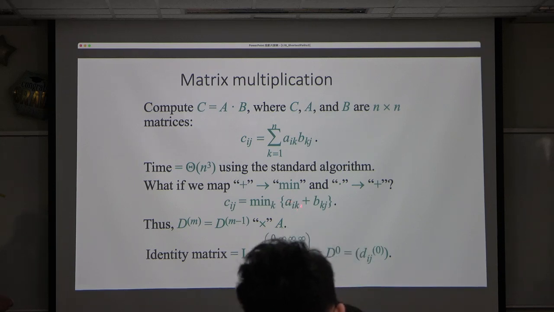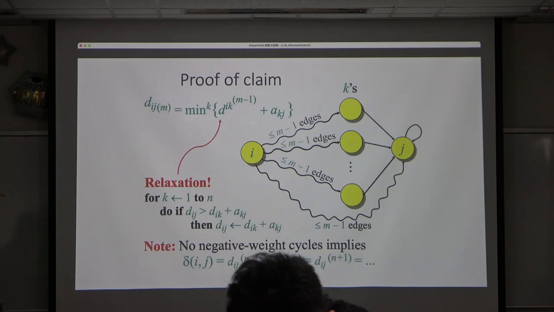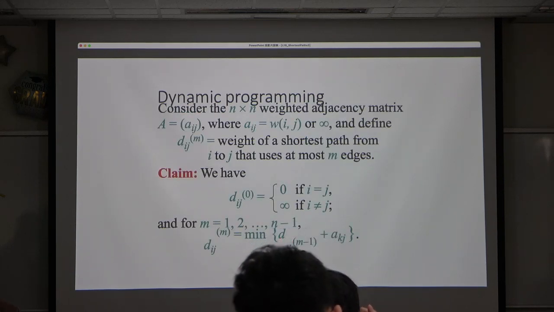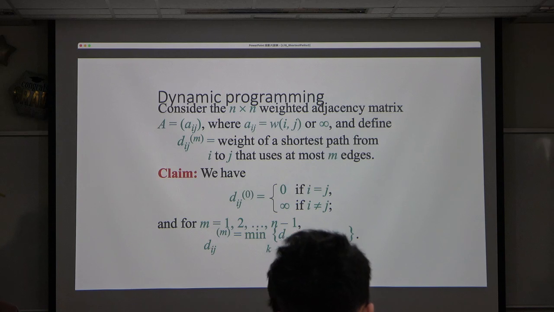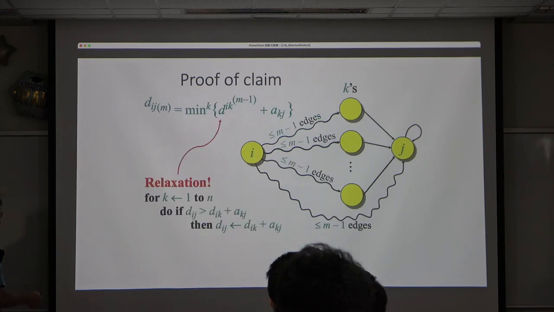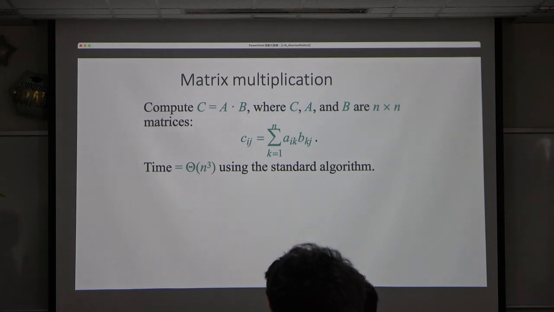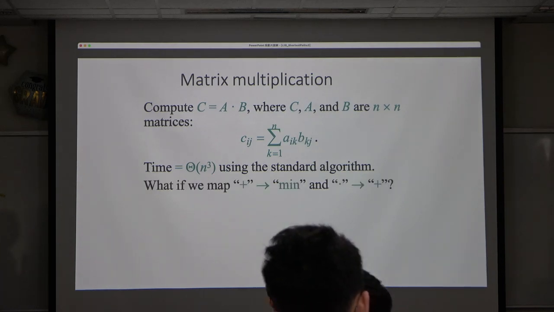Because look at here. You can consider this one from one matrix and this one from another matrix. So basically, what we are doing is we could use the matrix multiplication algorithm to accomplish what we want.